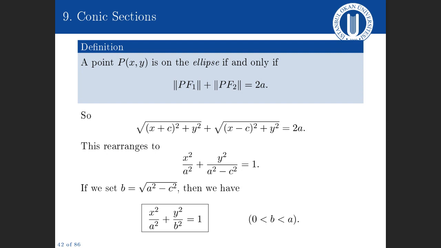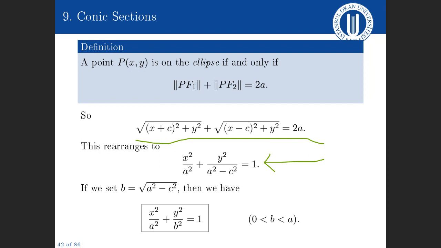So in terms of coordinates, that's the same as saying that the square root of (x plus c) squared plus y squared plus the square root of (x minus c) squared plus y squared is equal to 2a. And I'll leave it for you to check that this can be rearranged to x squared over a squared plus y squared over a squared minus c squared is equal to 1. At this point, I want to introduce a new number.